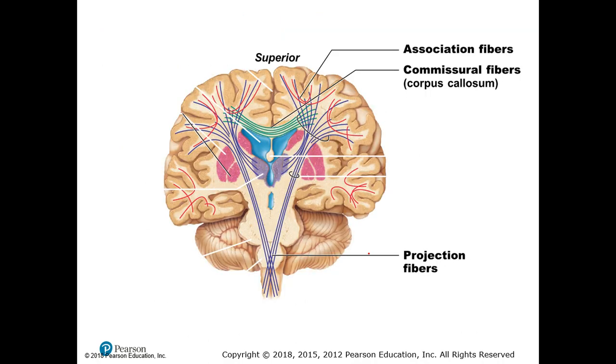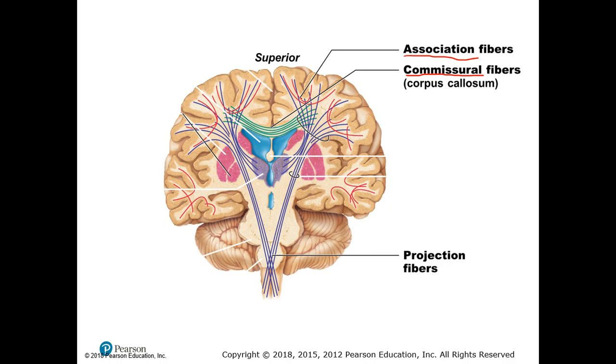So if I were to bring this up in the picture, we have 3 different types. Commissures, again, these are our green fibers. You can see it connects our left and our right halves. Association fibers, this is represented by the pink. Notice that they're always going to be connecting everything on one side of the brain.